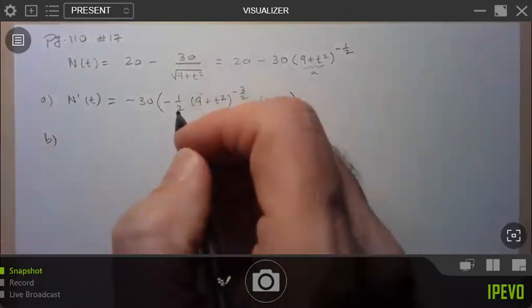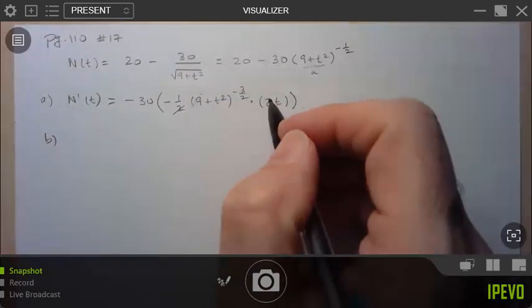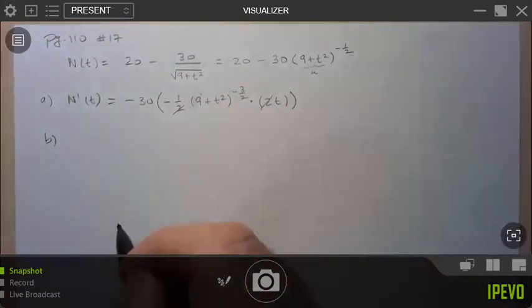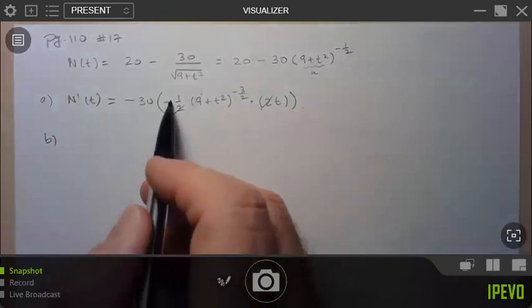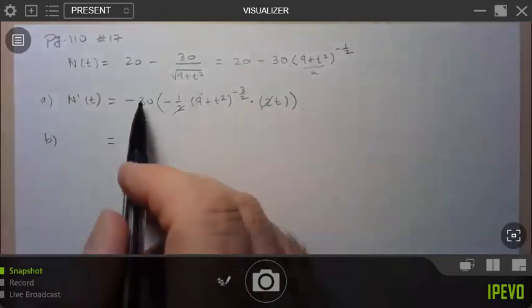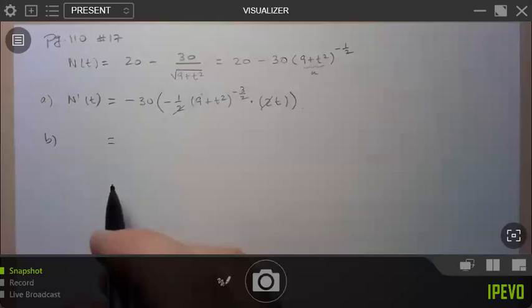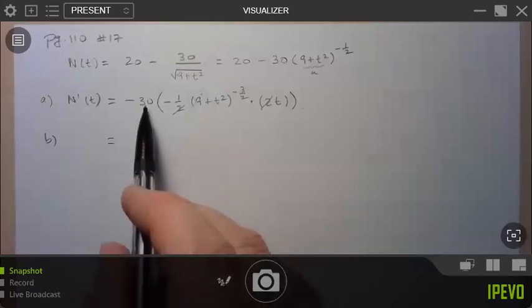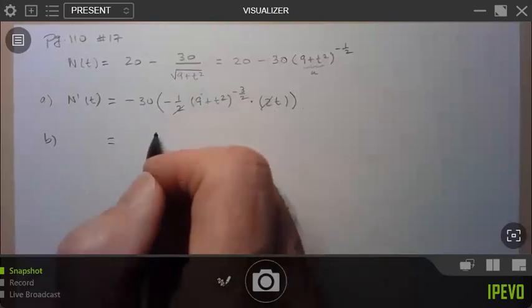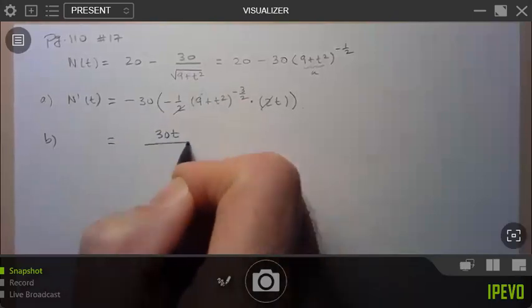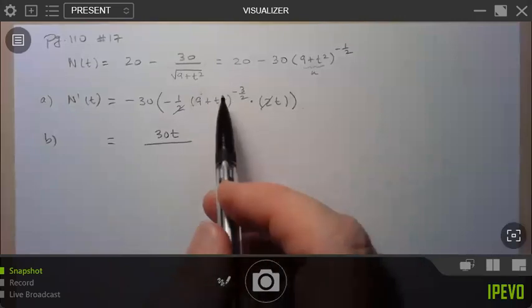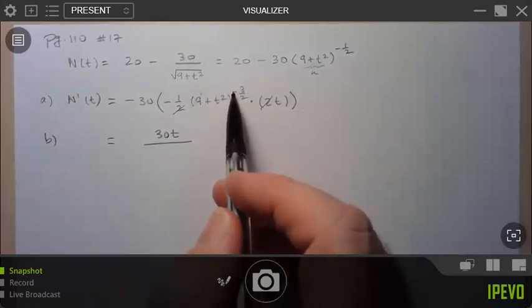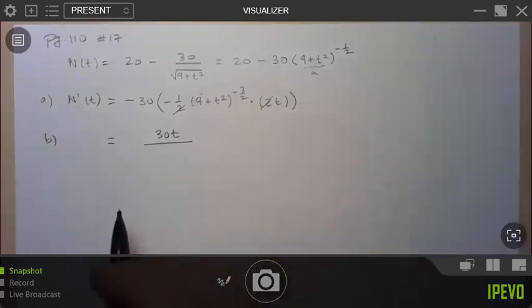Okay, so here, this 2 in the denominator cancels out with this 2 in the numerator. Here, these 2 negatives become positive. So let's see what we would be left with in the numerator here. It looks like I would be left with 30t. Okay, and then because this is a negative exponent, I can just write that in the denominator.